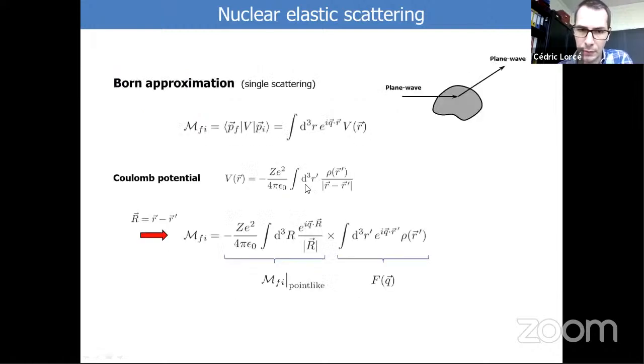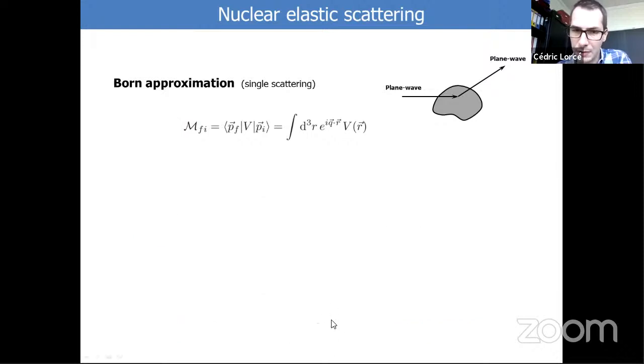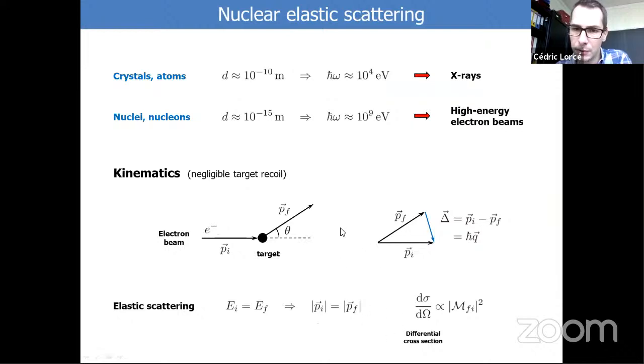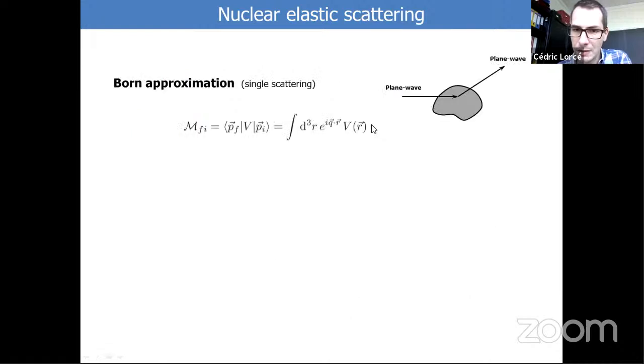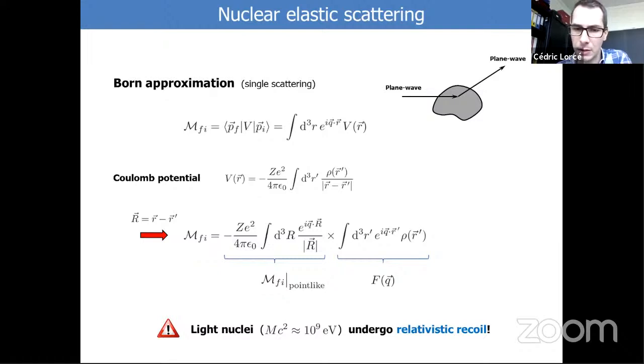But if you want to do such an experiment on a very light nucleus, and for example, even on a proton, well, the proton has a mass of the order of 1 giga electron volt, which is about the same energy you need to do the diffraction. Which means that you cannot neglect the recoil here. So you cannot use this non-relativistic setup that you are used to.